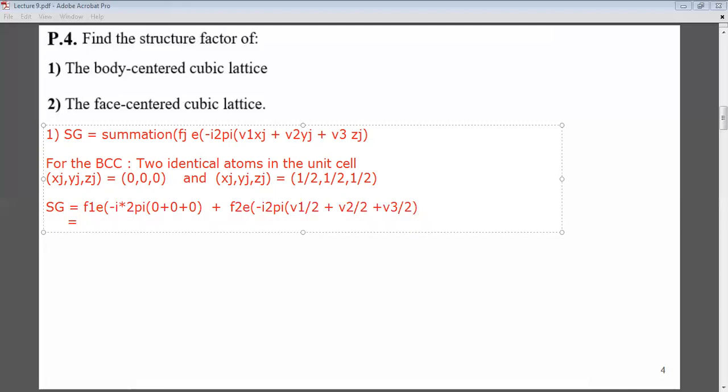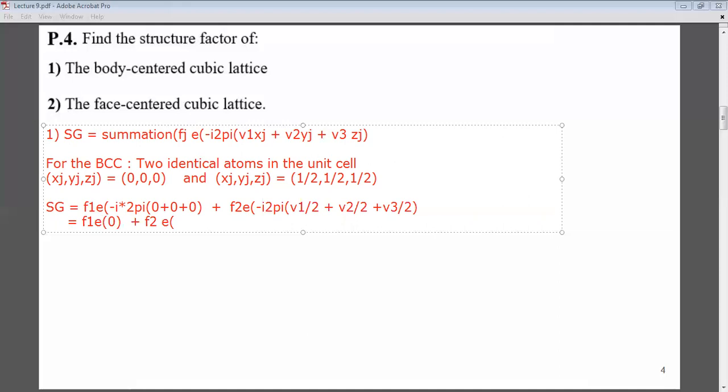This is equal to F1 times exponential of minus I times 2 pi times 0, so this is exponential of 0, plus F2 exponential of minus I 2 pi times V1 over 2.